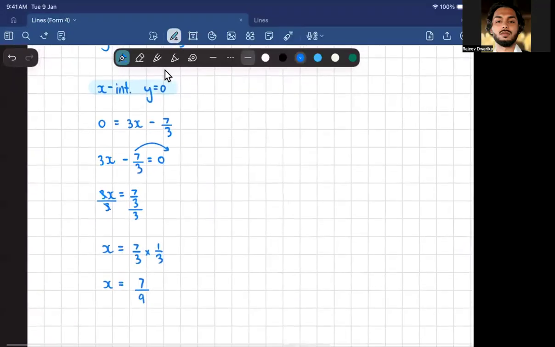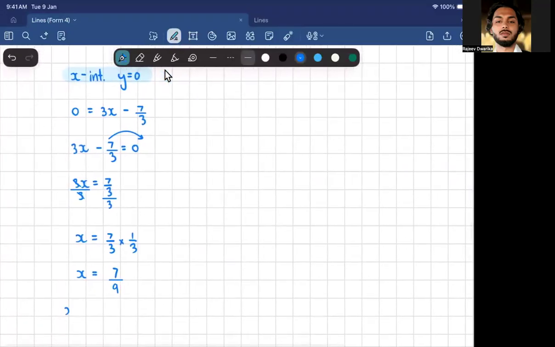So tell me, what is the point for the x-intercept? When I ask you for a point, I'm asking you for the x value first, comma, then the y value. So at the x-intercept, what do we find the x value to be? What did we just find x to be? What is x equal to?